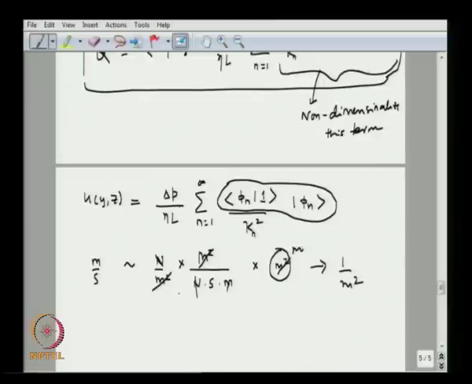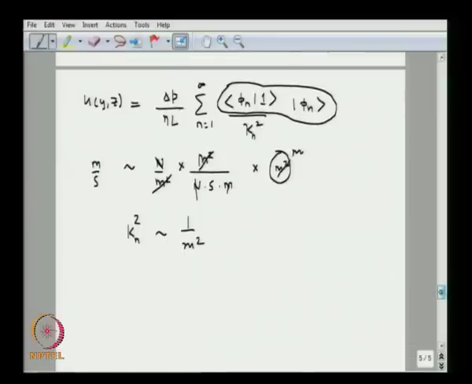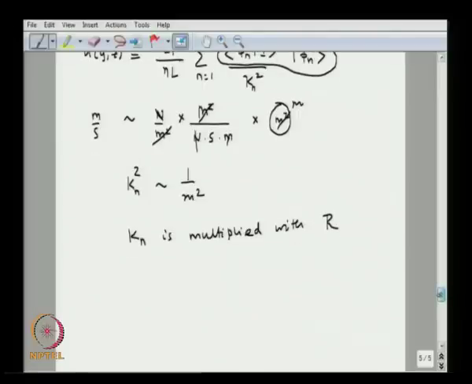So, this will be meter per second, right. So, what we get from here is that the square of the eigenvalue should scale as 1 over meter square, right. And it turns out that you can multiply these eigenvalues, k n, with another length scale called r, to non-dimensionalize this term.